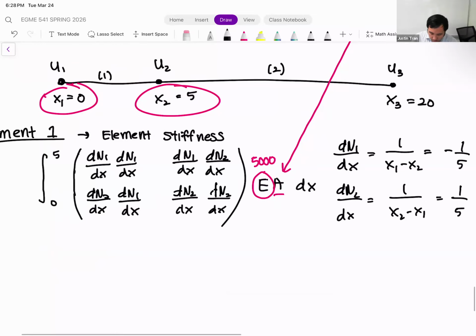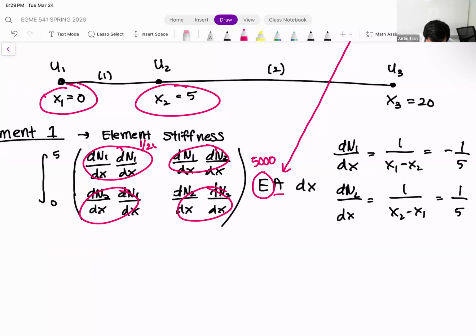Most of these things are going to simplify quite a bit. Everything in the matrix is going to be 1 over 25, in this case minus 1 over 25, and we multiply that by 5,000. The fact that it's all constant means that we can take it out of the integral.